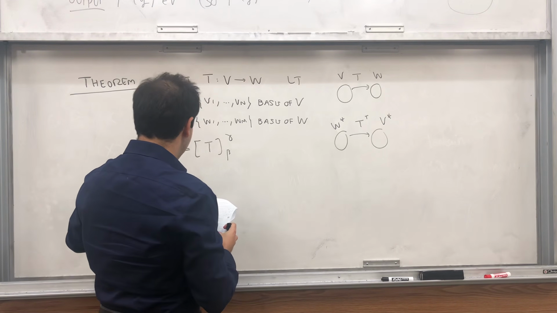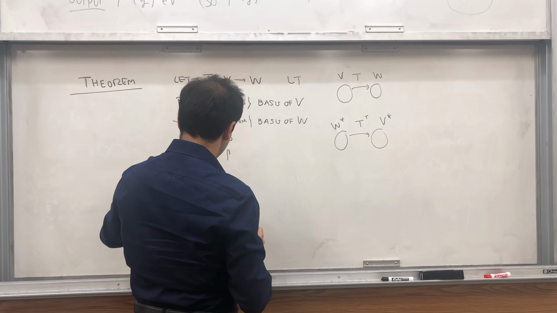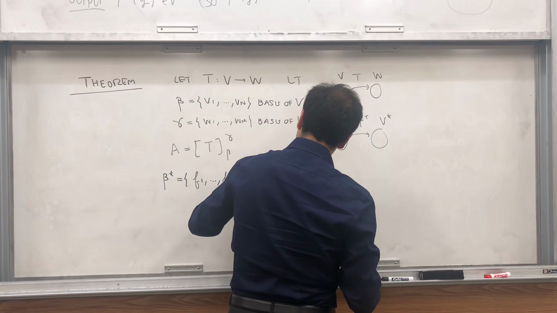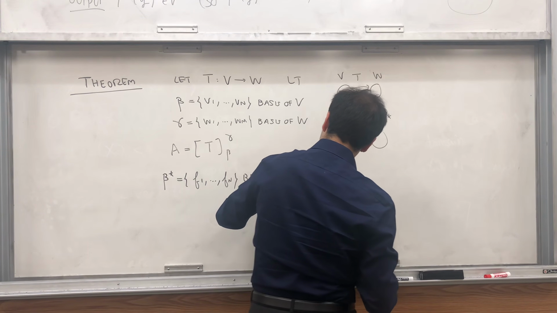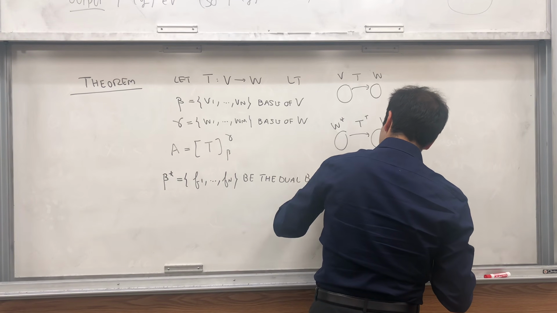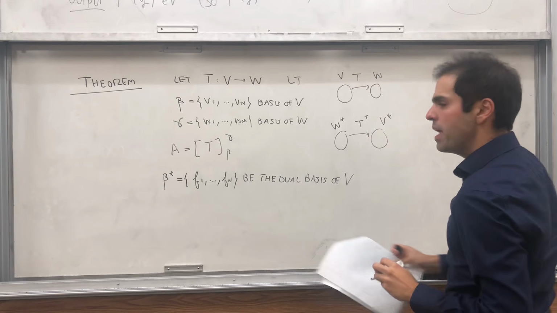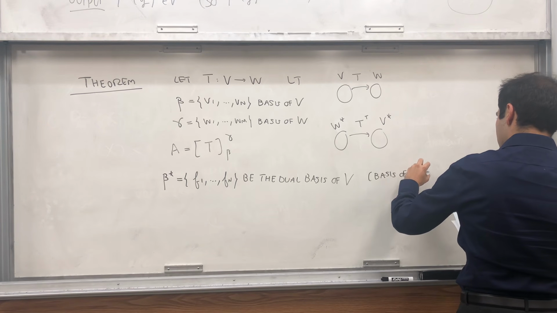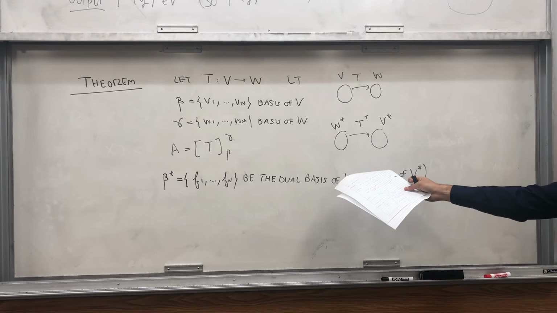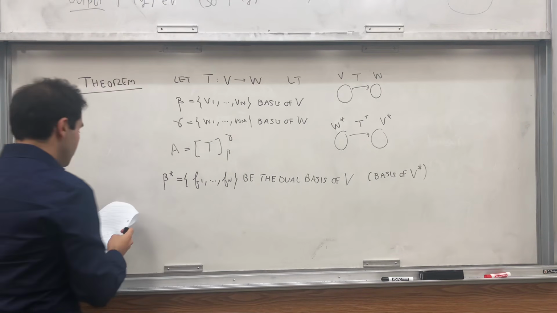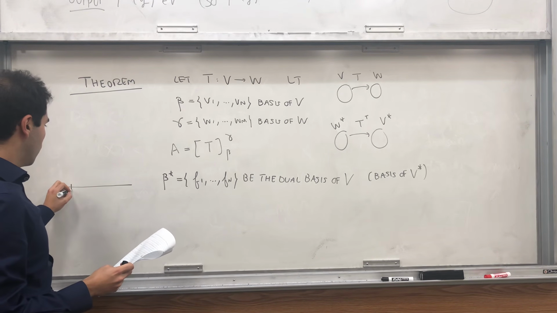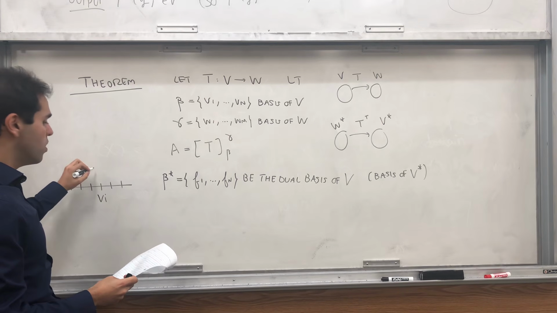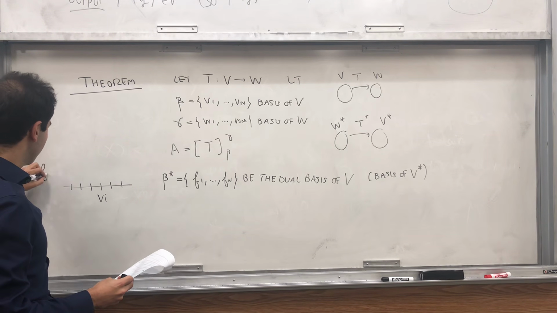So now, let beta star, let's say F1 up to Fn, be the dual basis of V. So the point is, beta star is a basis of V star. Just to remind you, what is a dual basis? It's just a set of functions, or set of linear transformations, where Fi is 1 on Vi and 0 everywhere else.